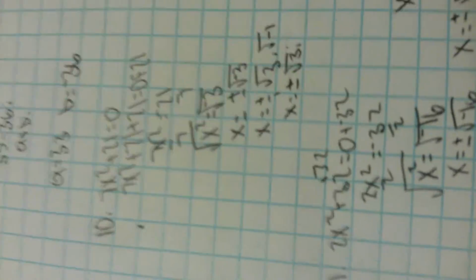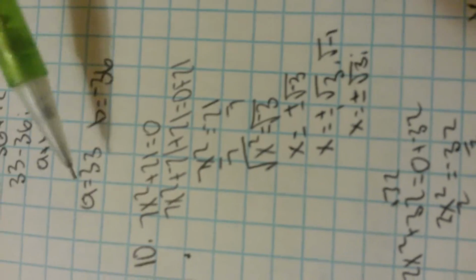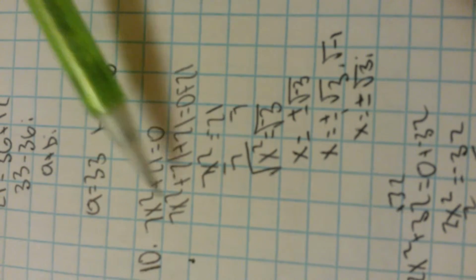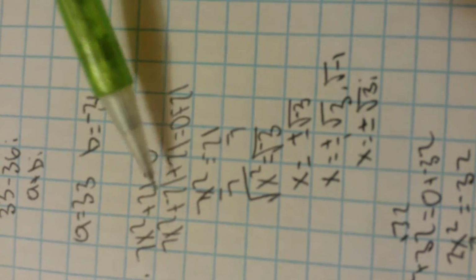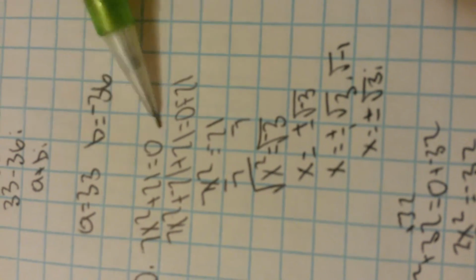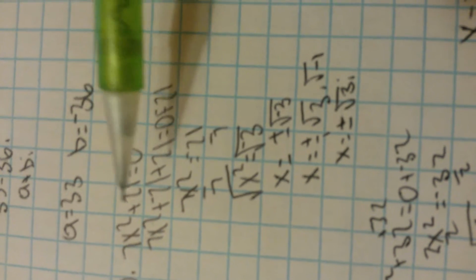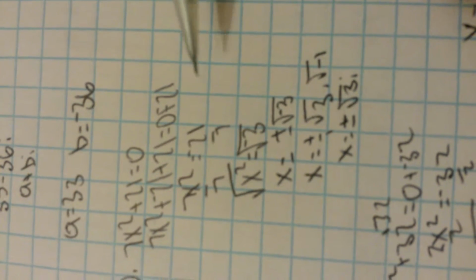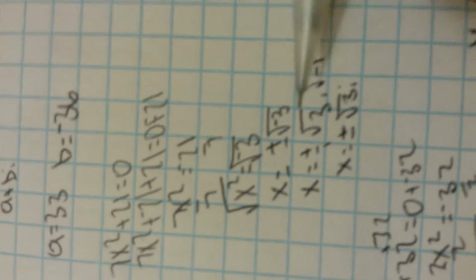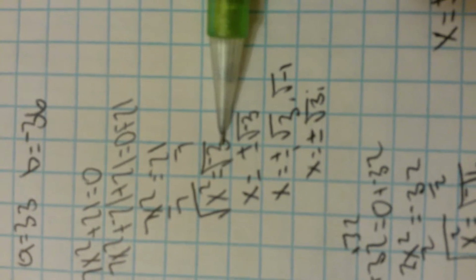Now you have a problem where you want to solve for your imaginary number. So for here you want to get your x all by itself. So you add -21 to both sides, and from here you divide 7 by -21, and now you still have your x squared equals -3.